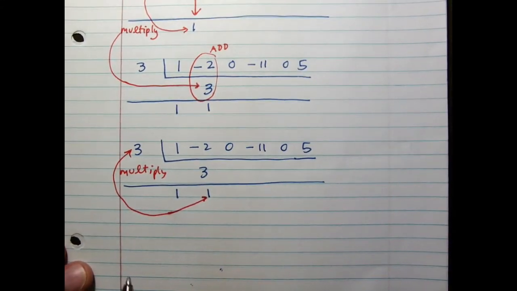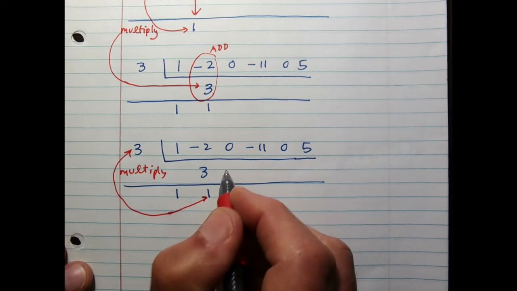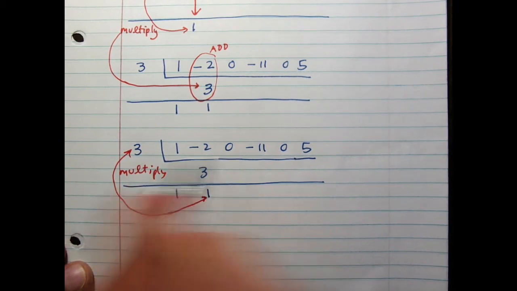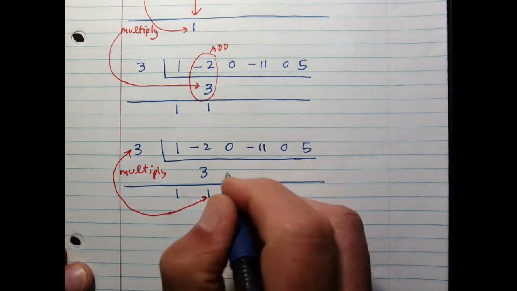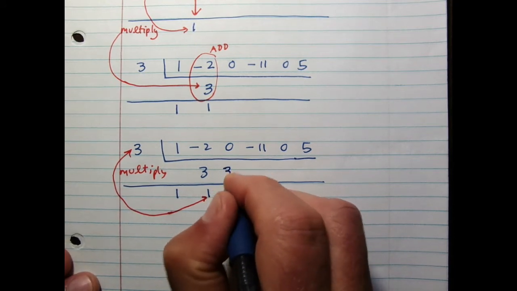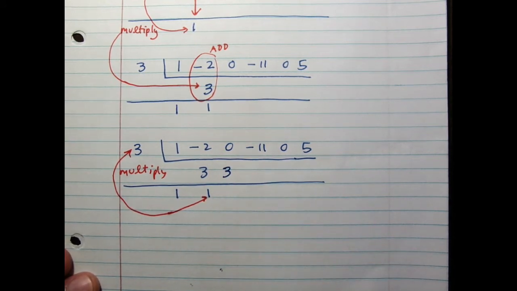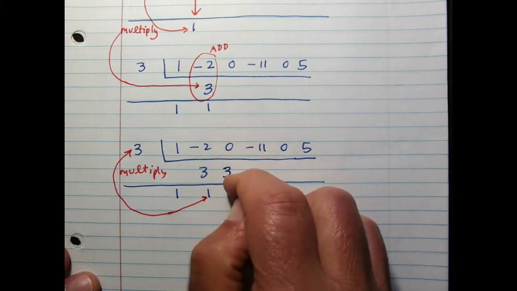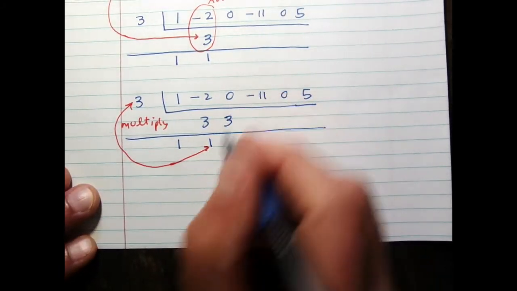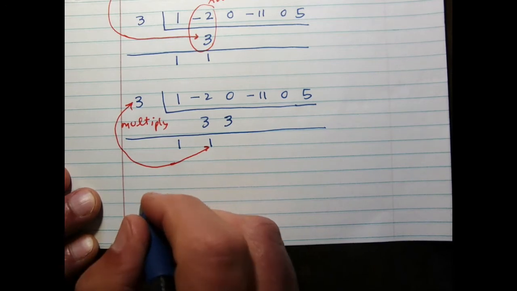And I'm going to write the result right here. So 1 times 3 is 3. And then I'm going to add the two results, 0 and 3.